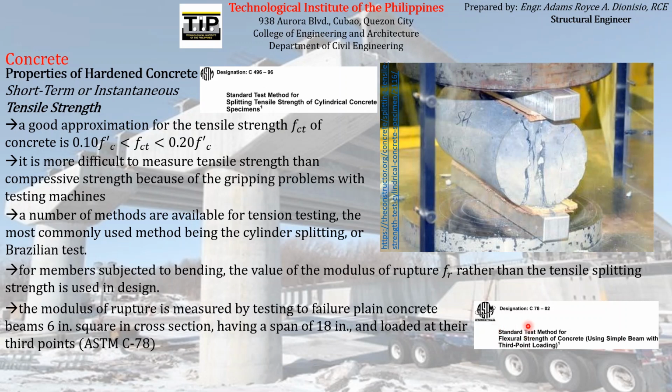If you look at the particular setup in ASTM C78, it will be set up like a simply supported beam, and then it will be loaded with two loads. Each of the loads is located at the third points, and it will be loaded using those two points until failure.